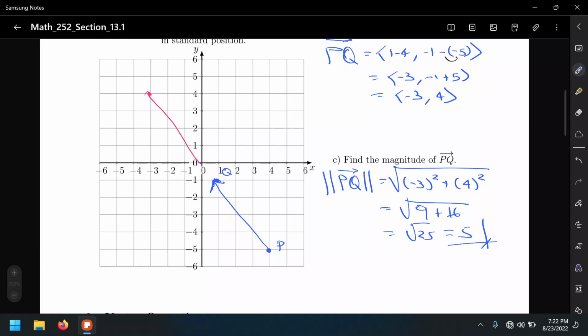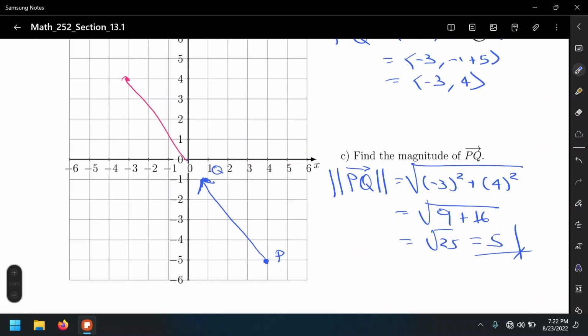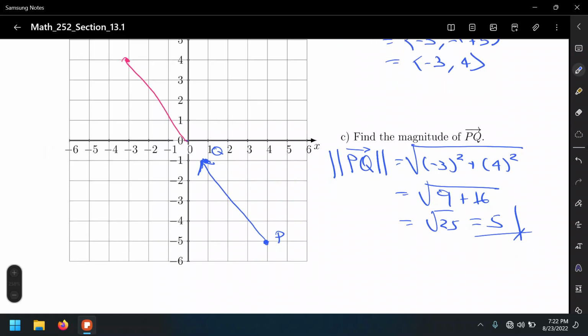So 5 units is the magnitude of that vector. That means that if we draw this vector on graphing paper by the scale in centimeters, we grab a ruler, it has to measure exactly 5 centimeters. Okay?